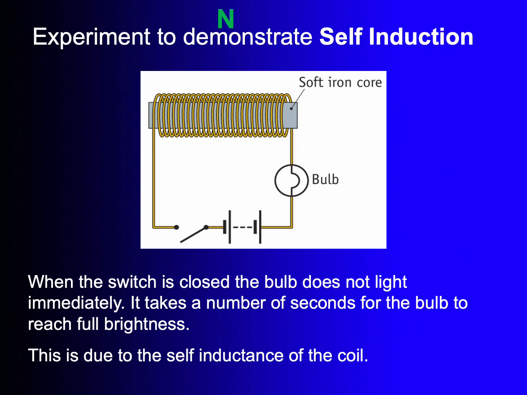So what happens here is when the switch is closed, the bulb won't light immediately. There's a delay, and it would take a few seconds before the bulb would reach full brightness. So what's happening here is you have this build-up of the back EMF opposing, and this is what we call self-inductance of the coil.